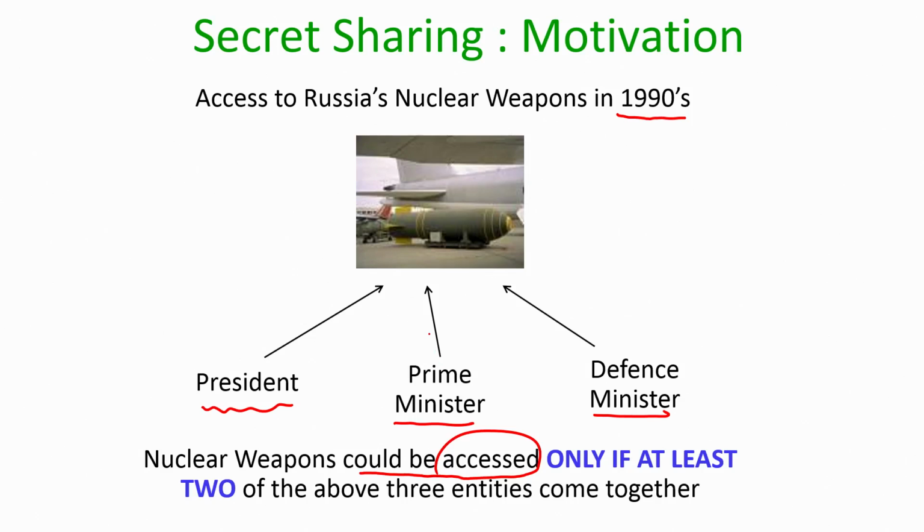But if we operate our nuclear weapon in this kind of system, then in order for the system to get compromised, the enemy country has to compromise at least 2 entities. That means, if it compromises just one of the entities, then still no harm will be caused. Only when 2 of the entities are compromised can harm be caused in the system. In that sense, the system is more secure.